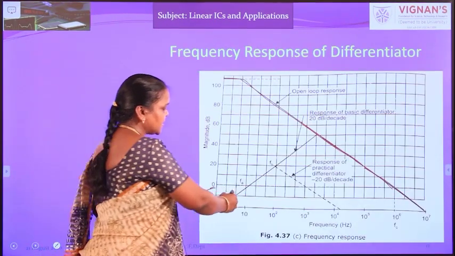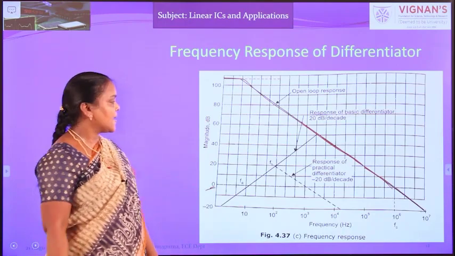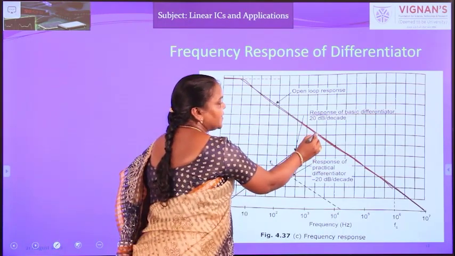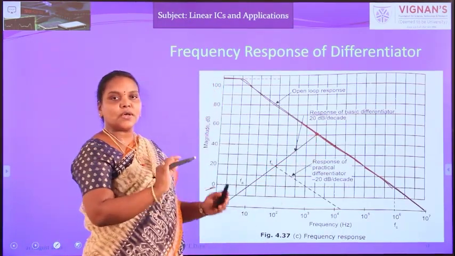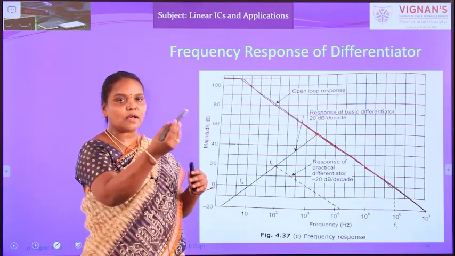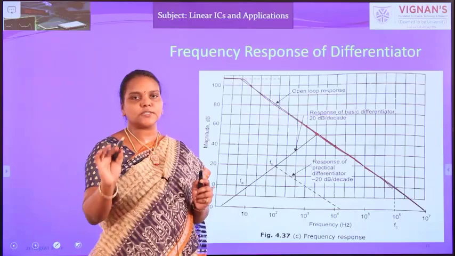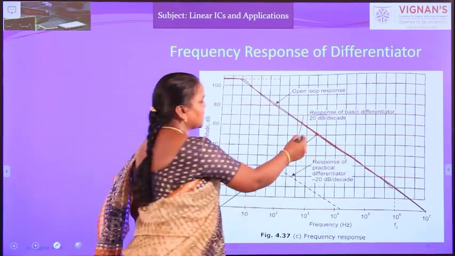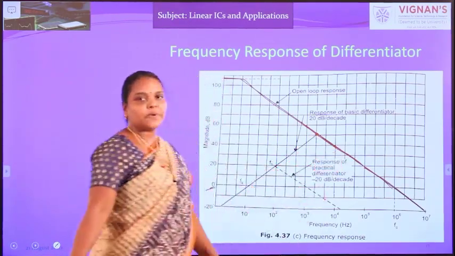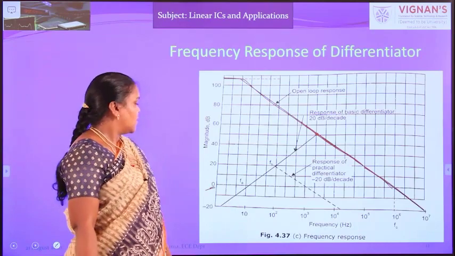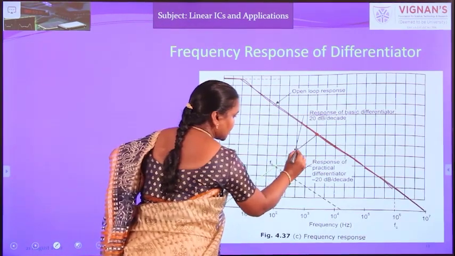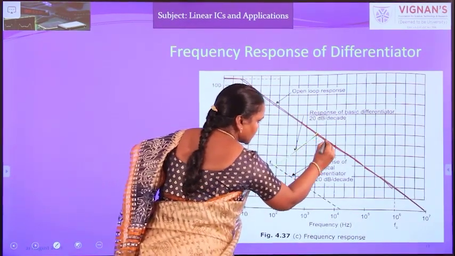But after reaching this point, it is not increasing because no response will cross the open loop response. Open loop response is the maximum possible output. So after that, it just follows the open loop response. Okay, basic differentiator frequency response.